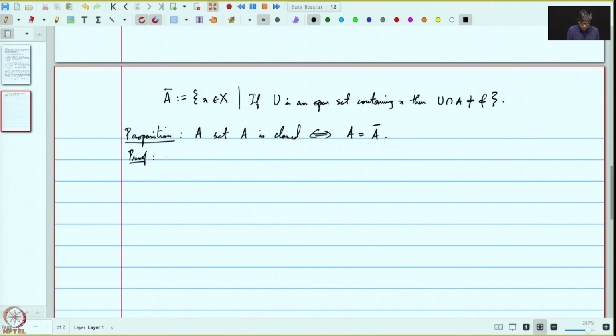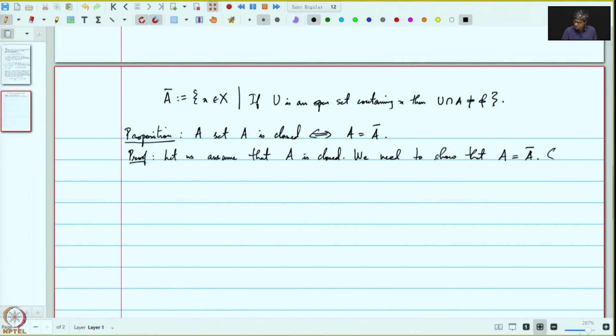So let us first assume that A is closed. Right? So we need to show that A is equal to A closure.